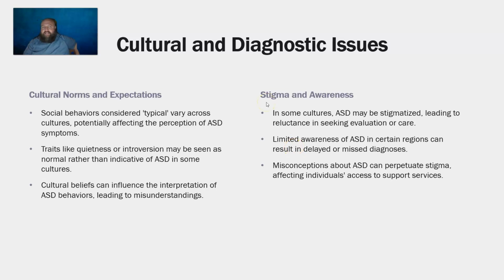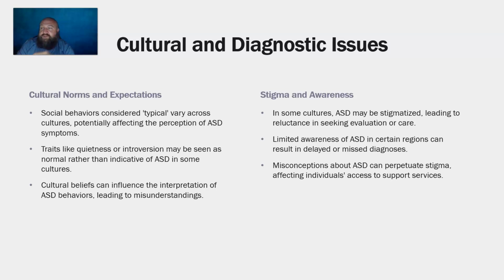All right, cultural and diagnostic issues. It's not mentioned specifically in the section on ASD, but the DSM does have a section, in the hundreds of pages that constitute it, that talks about cultural influences.